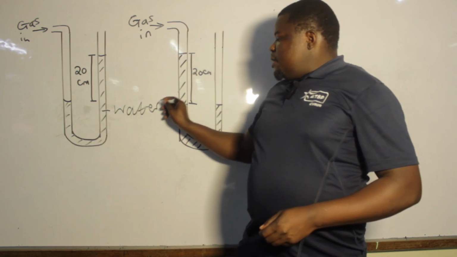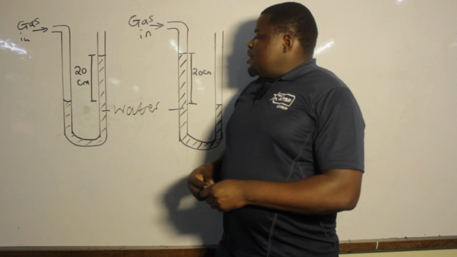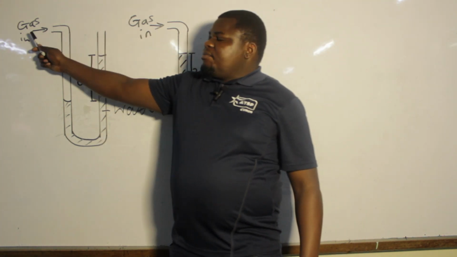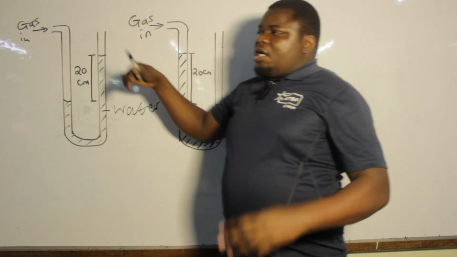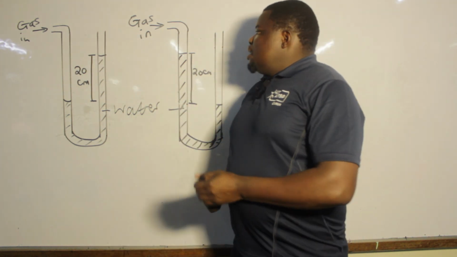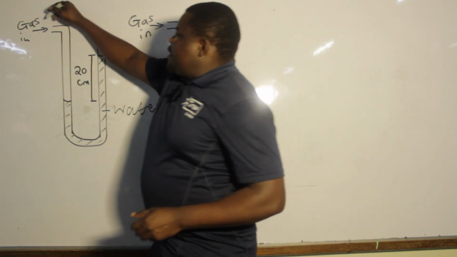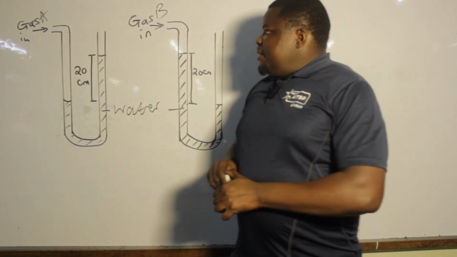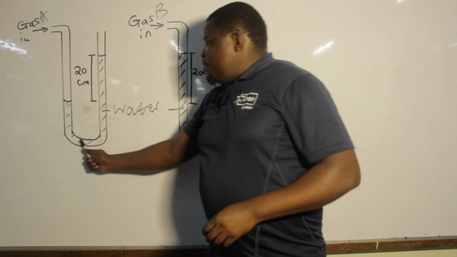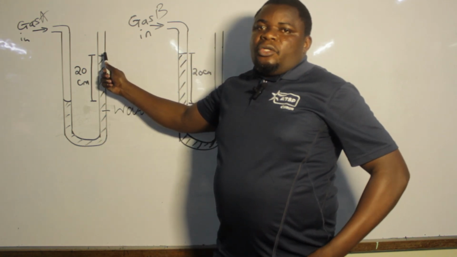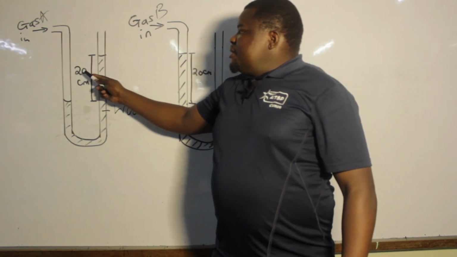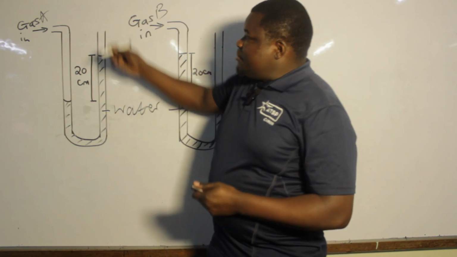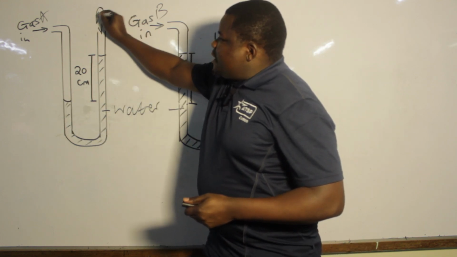This is actually water. It is water in both cases. Then it rises like that. But this gas is not the same as that gas. They could be coming from different sources. So let's say gas A, then gas B. Gas A pushes the liquid up the U-tube. That means its pressure is higher than atmospheric pressure because atmospheric pressure is acting over there.